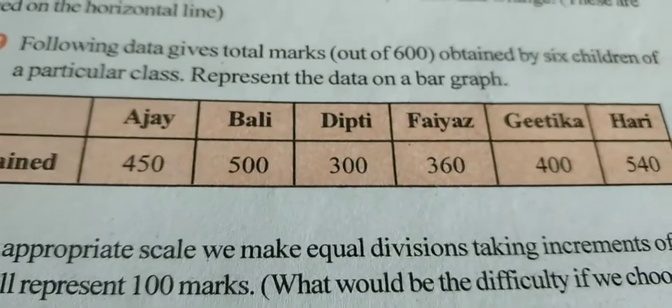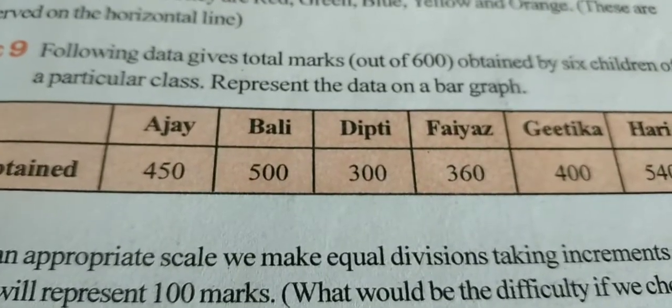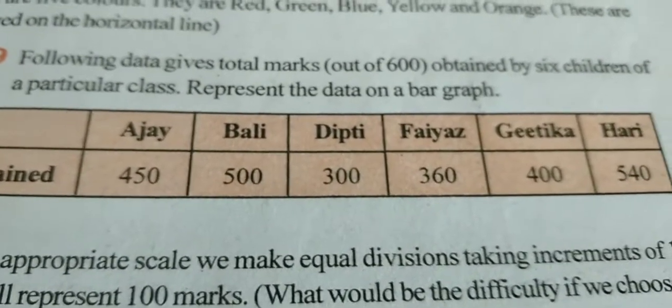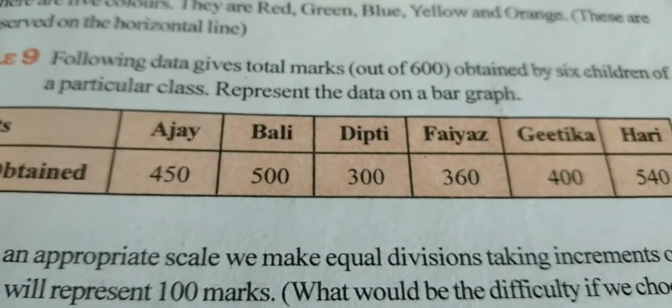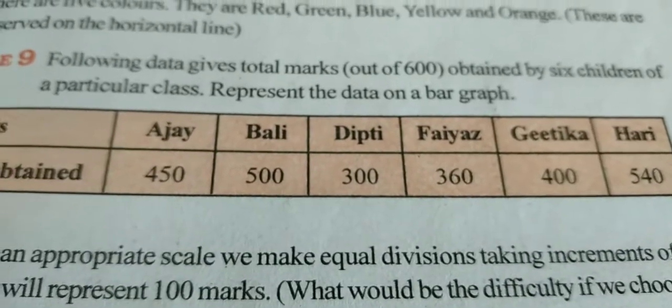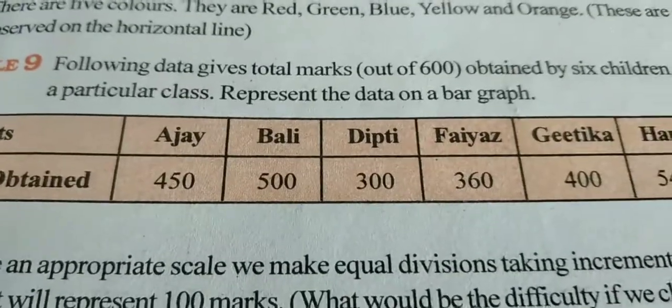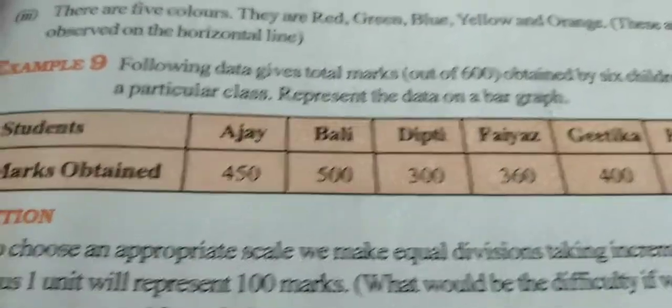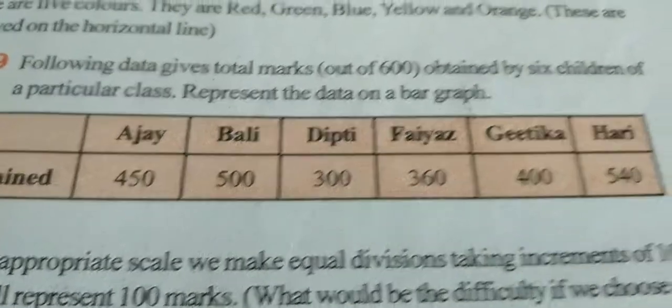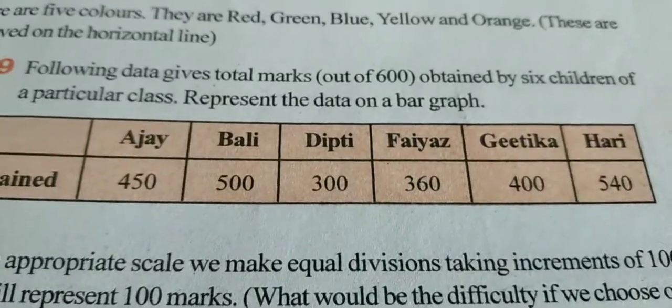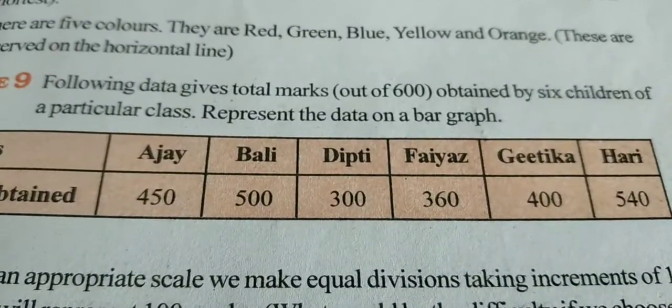No. You will take the scale on y-axis as 0 to 100 as in 1 unit. Right? One box you will consider as 100 marks. Then it becomes easy. And how many boxes will be required?